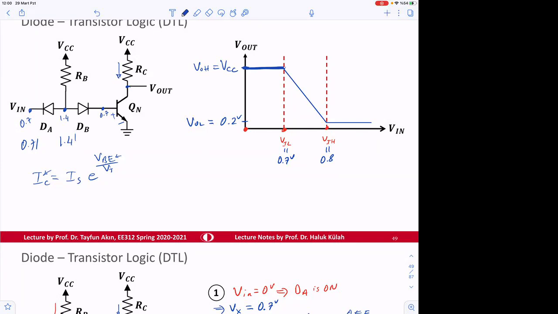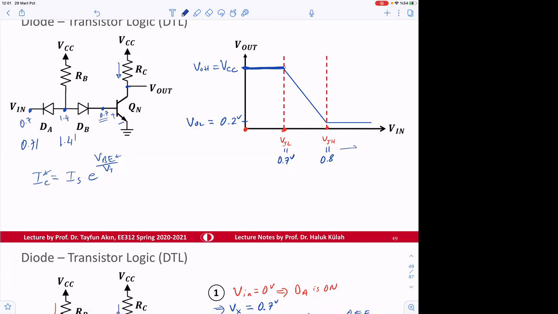And then when this base-emitter voltage becomes 0.8, Qn becomes saturated. So when Qn becomes saturated, the output is going to be 0.2 volt. Okay, thank you. This transition happens very sharply, though it's maybe not to scale here.